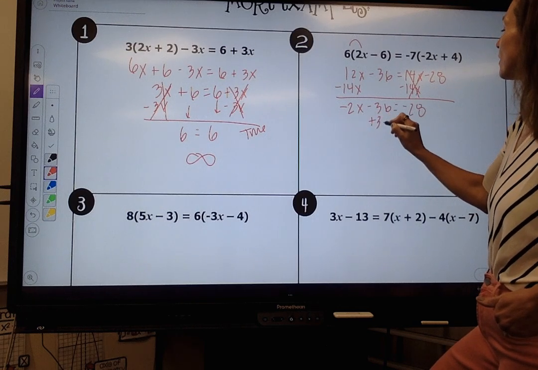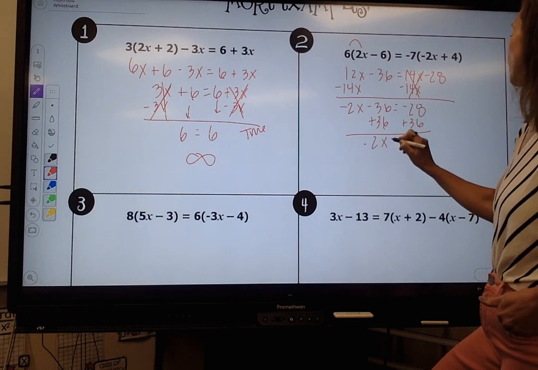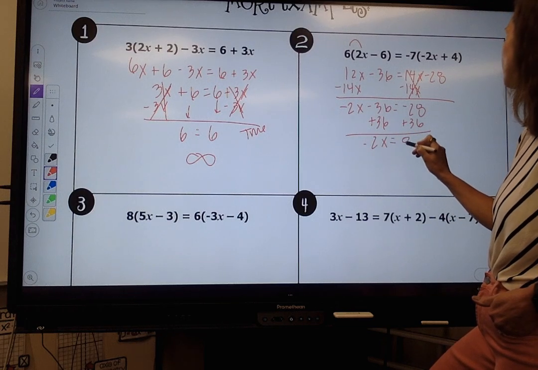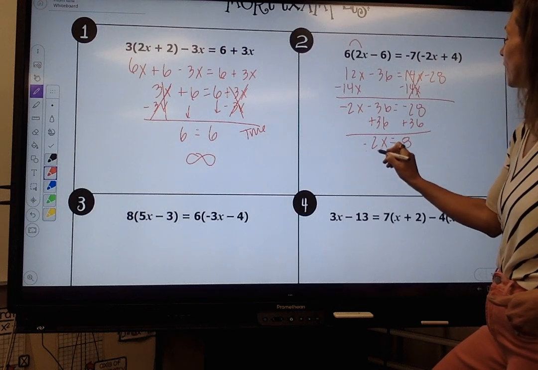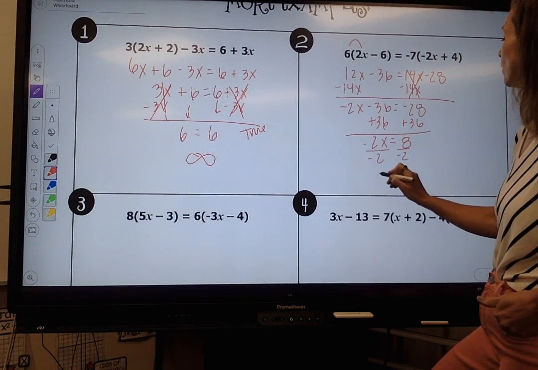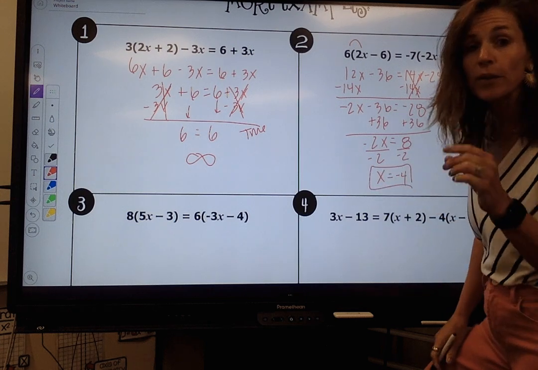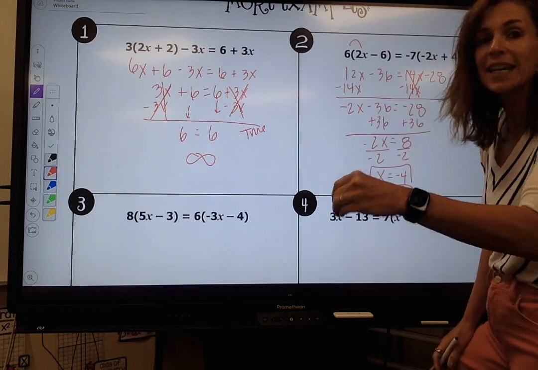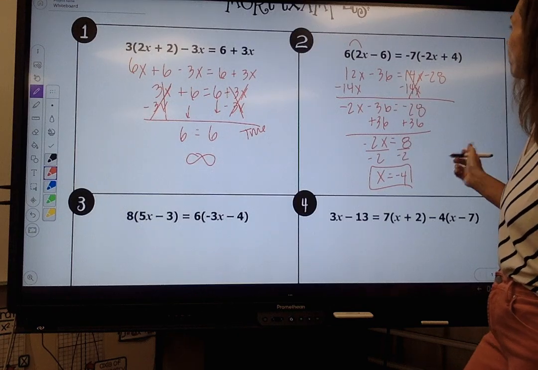I'm going to add 36 to both sides. I have negative 2x equals 8. And then I divide both sides by negative 2, and I get x equals negative 4. There is one solution. X is negative 4, okay? So this one, there is a solution.